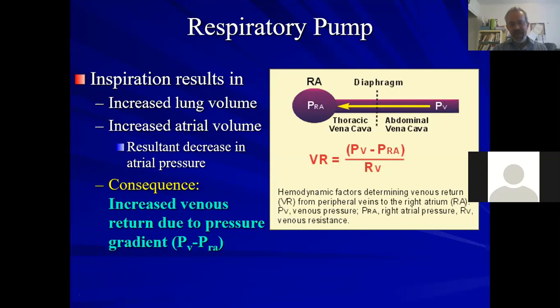We're bipeds, and you've got low blood pressure in the veins. It's actually about 2 millimeters of mercury, whereas blood pressure in the arteries is about 100. If you're moving blood from high pressure to low pressure, it's really low in the veins. You're not going to move it back unless you can squeeze the veins with the skeletal muscle pump and suction the blood up through the respiratory pump.